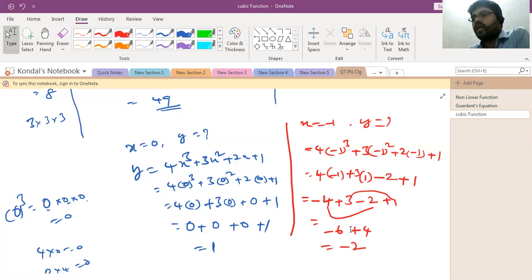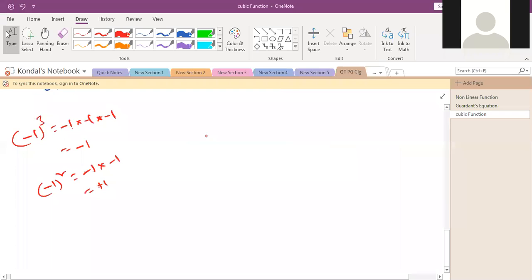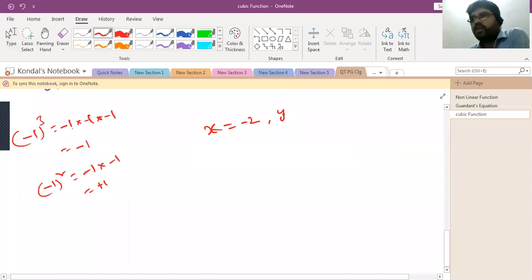Have you understood that? Yes, sir. So next, if x is equal to minus 2, how much is the y value?